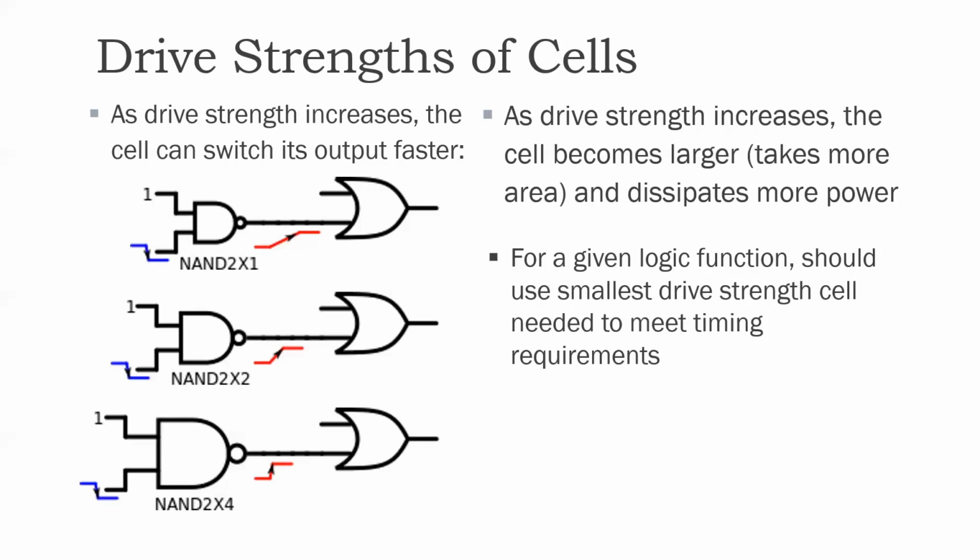In general, the idea in designing ASICs is that for a given logic function, for whatever timing requirements you have to meet, the designer should use the smallest drive strength cell needed to meet the timing requirement.